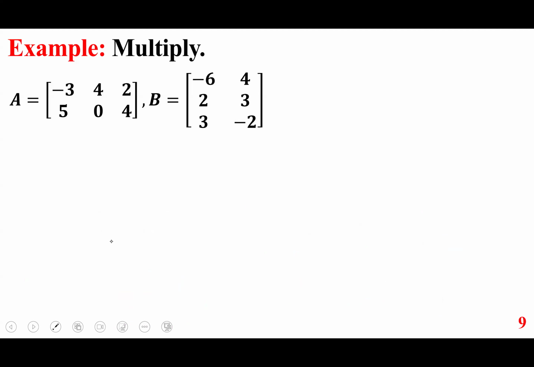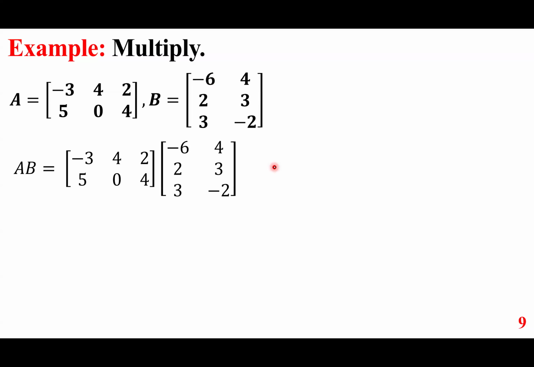All right, we want to multiply these two matrices, A and B, and we are going to start with the size. In fact, you check it out. So what is the size here? A has 2 rows, 3 columns. B has 3 rows, 2 columns.